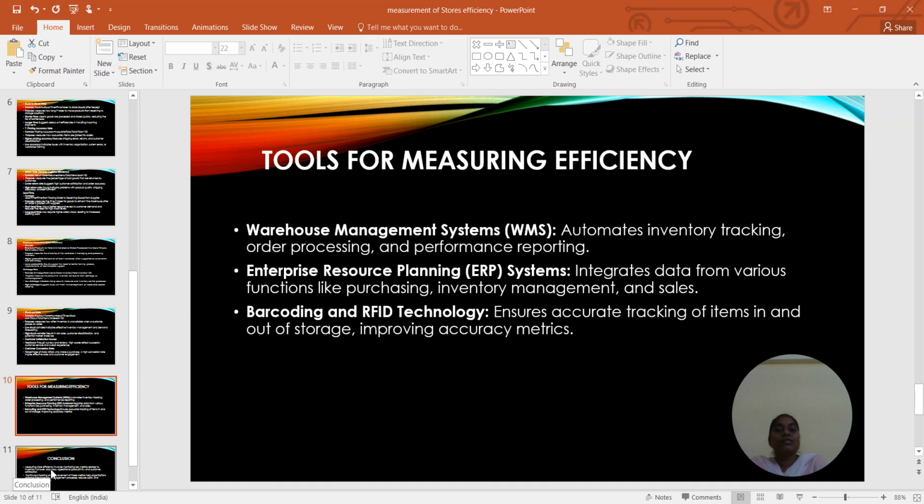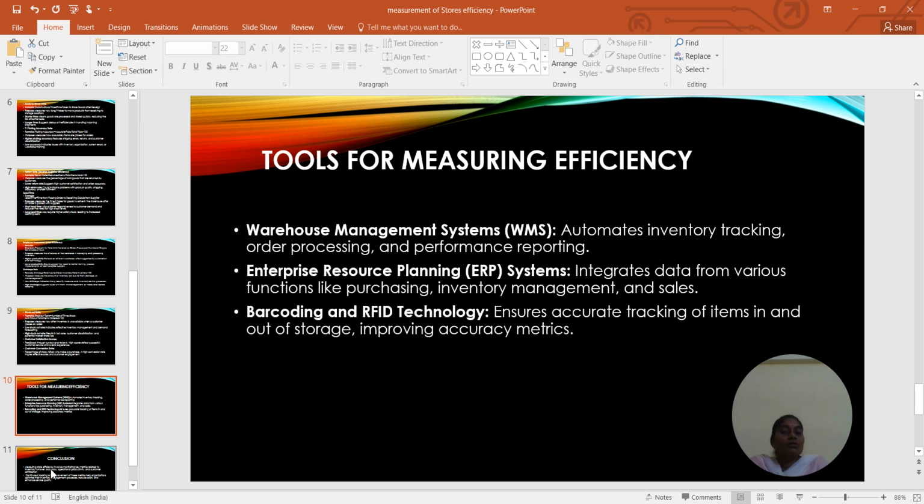And what are the tools used for measuring efficiencies? Here are the software tools used for measuring efficiencies. One is the warehouse management system, WMS, which automates inventory tracking, order processing, and performance reporting.